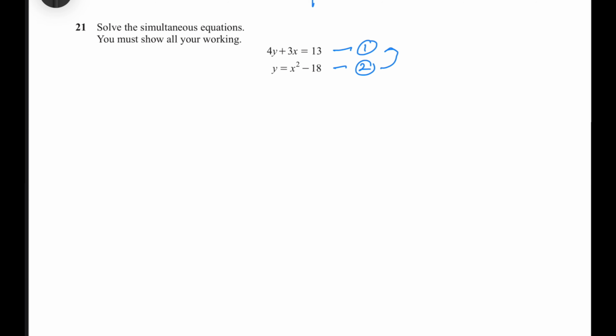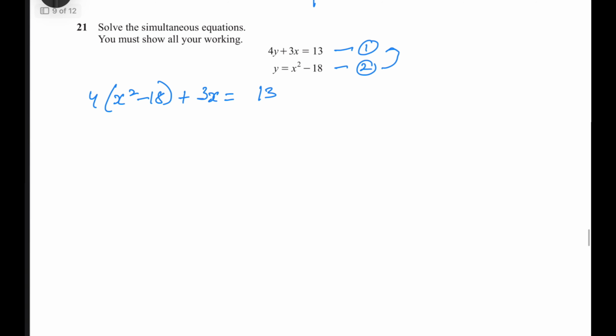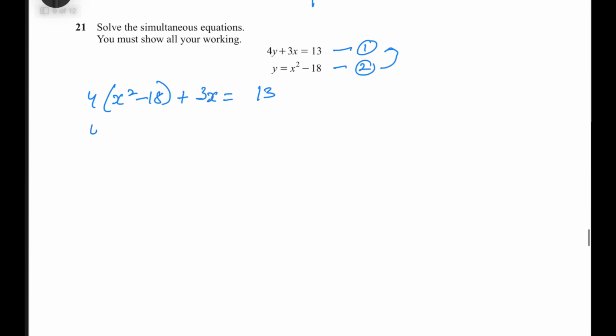So that will be 4 times x square minus 18, plus 3x equals 13. Now this is 4x square minus 4 times 18, which is 72, plus 3x. Take 13 to that side, minus 13 equals 0.